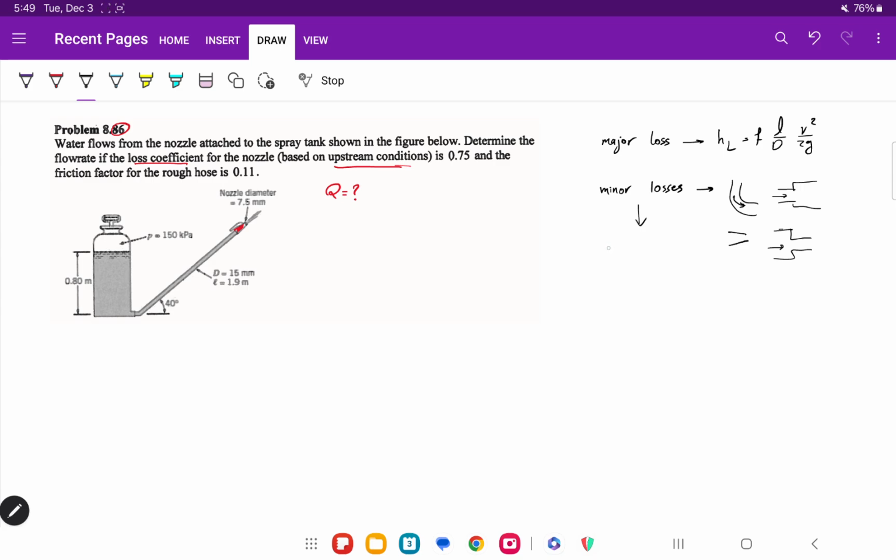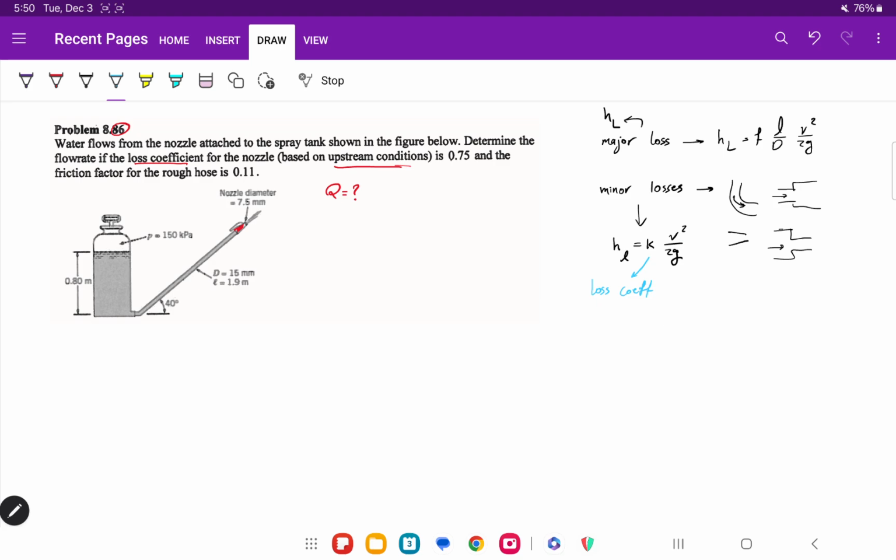We show this minor loss, HL with lowercase l, as equal to K times V square over 2G. K is the loss coefficient.